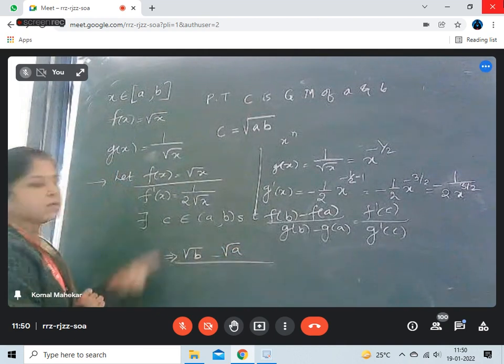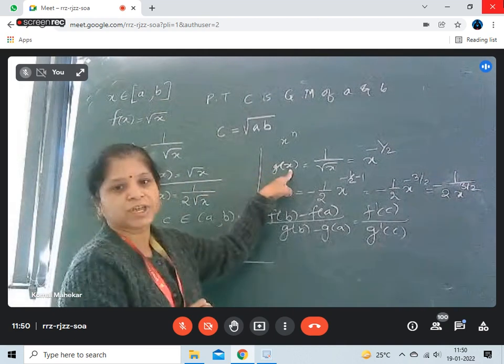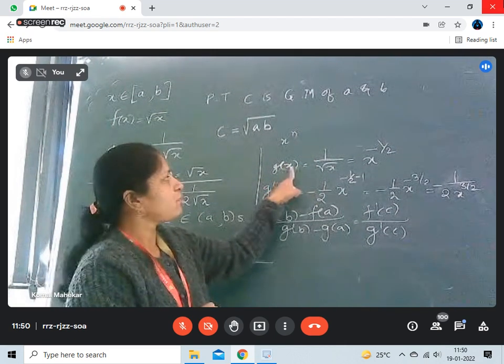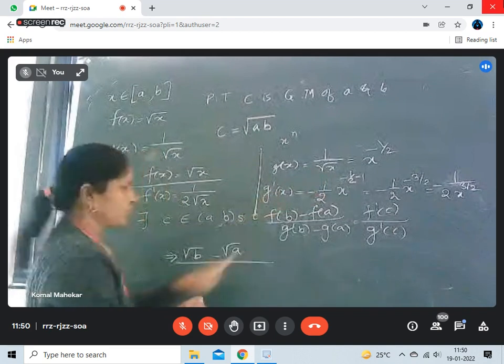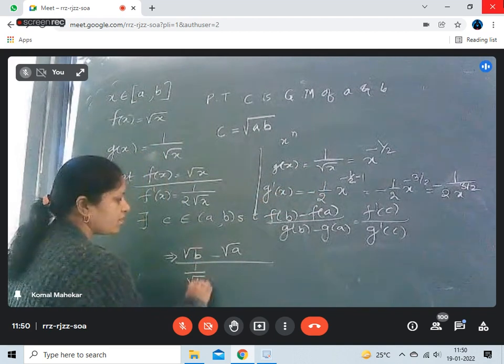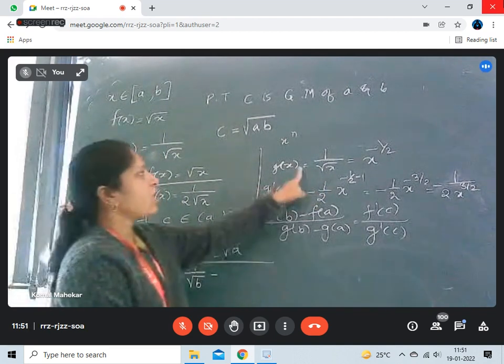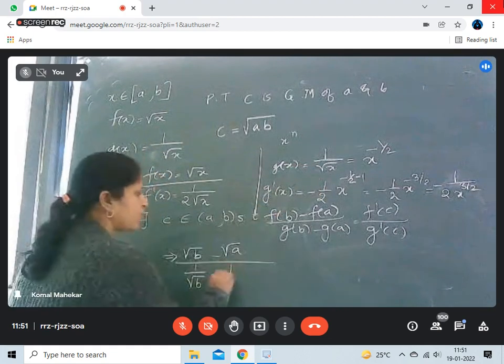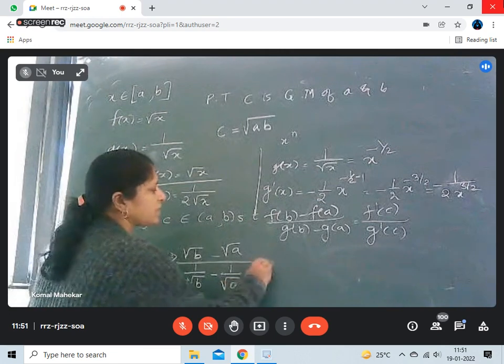Divided by g of b. This is the g(x) function, that is 1 upon root x. So g of b will be 1 upon root b, minus g of a, which is 1 upon root a, is equal to what?